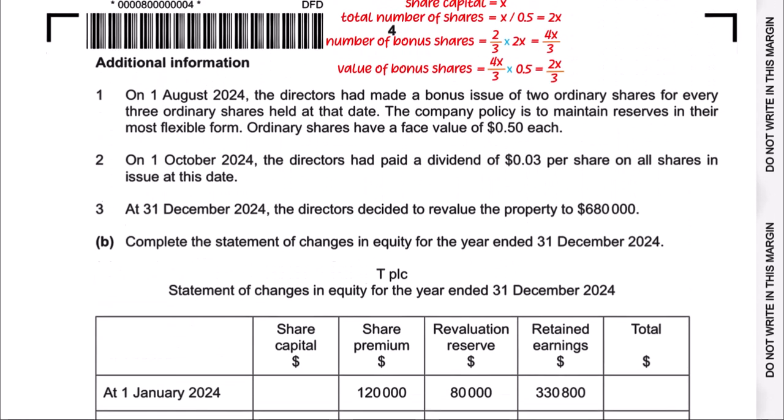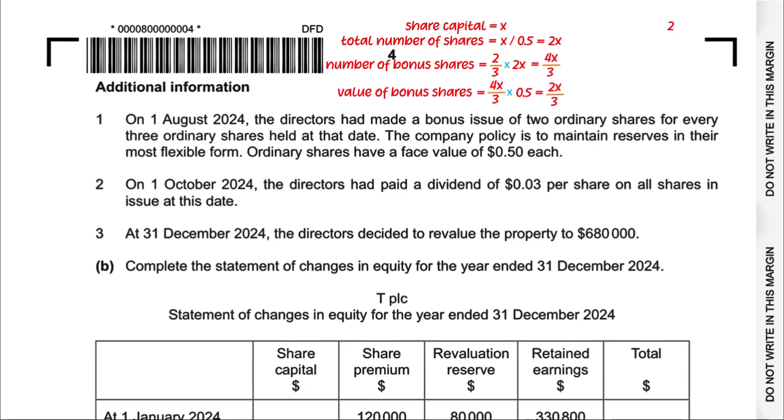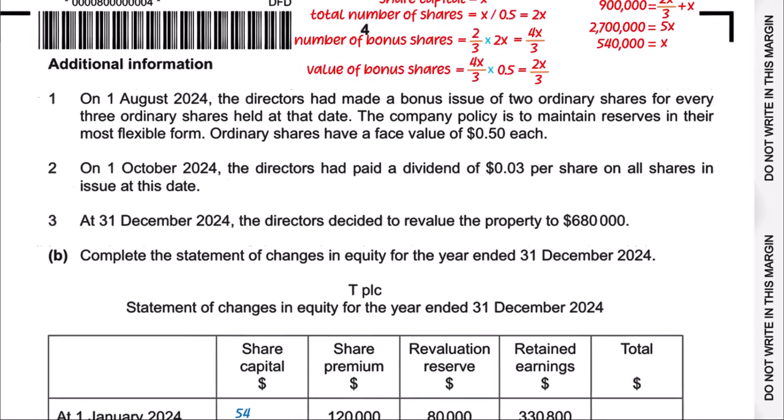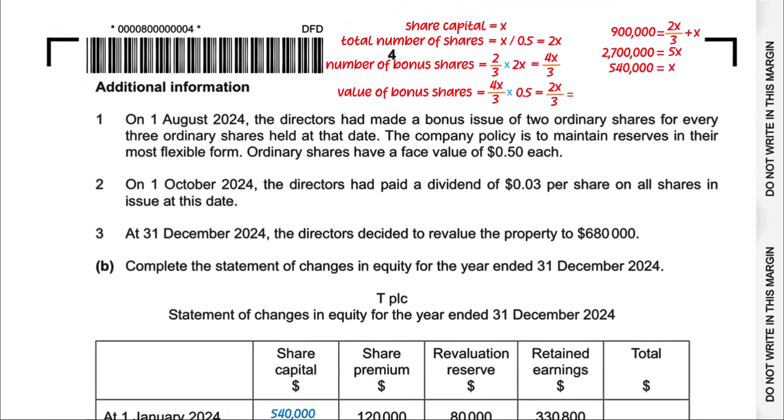This means when we add the bonus share capital to the January 1 share capital of X, the total share capital becomes 900,000, right? Simplifying this, we get the value of X as $540,000. This means that the share capital on January 1 was $540,000 and it was the same on August 1 before the bonus issue. So the value of bonus shares issued becomes 360,000.